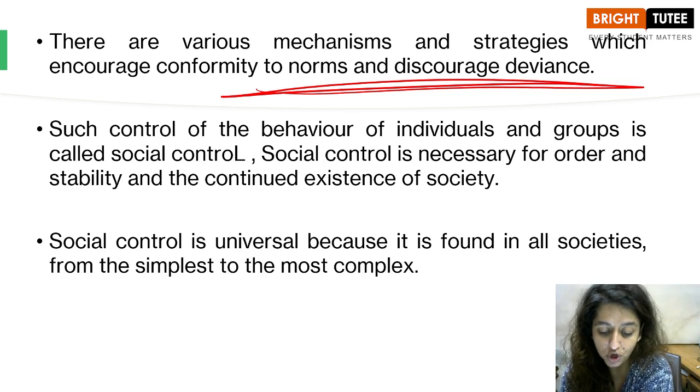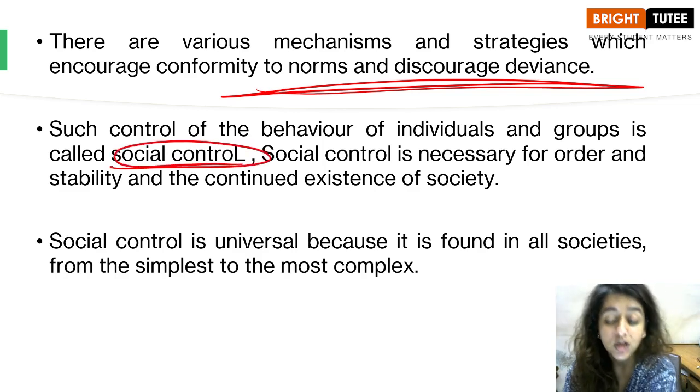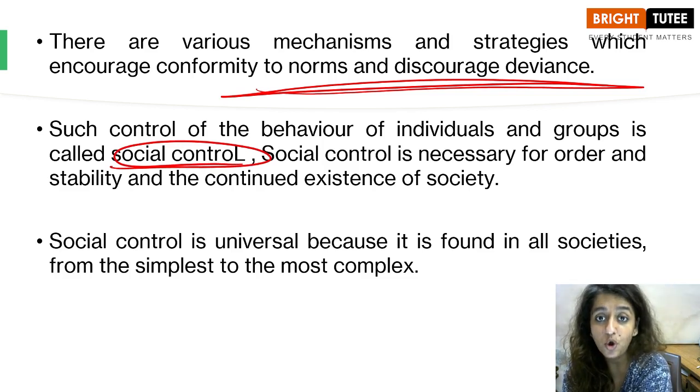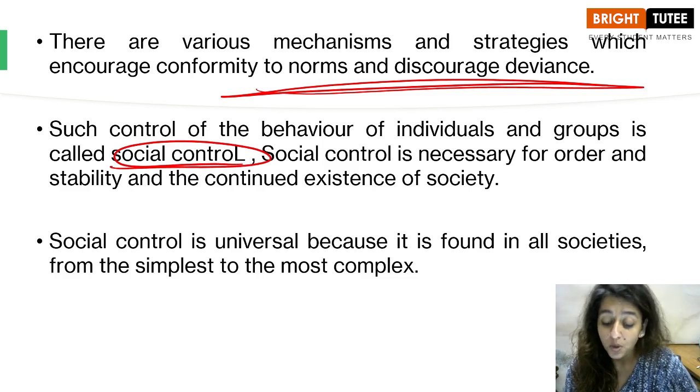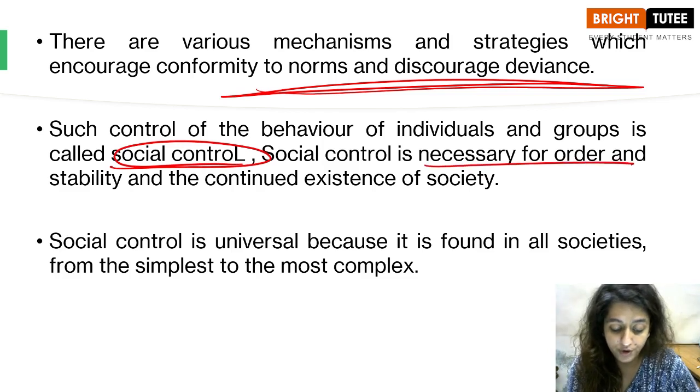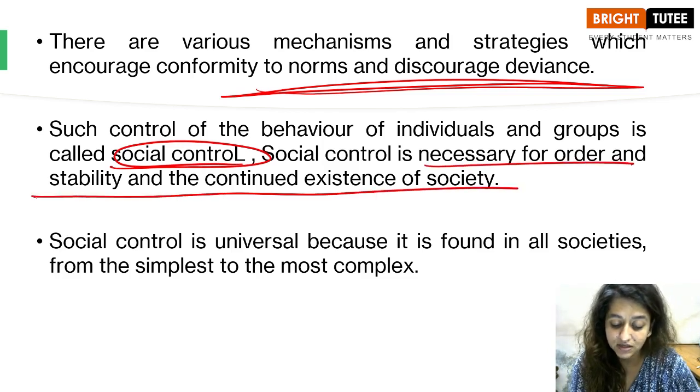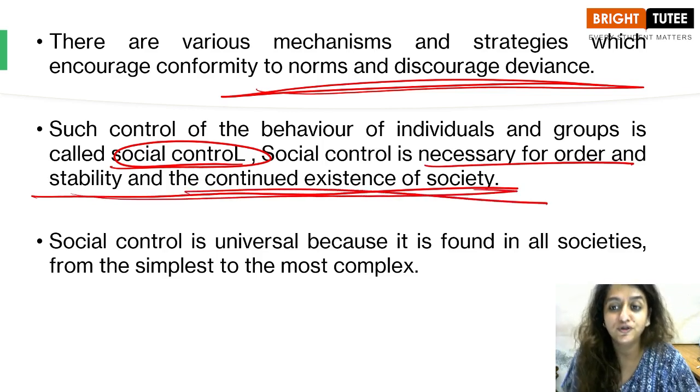Now such control of the behavior of individuals and groups is called social control, which is necessary for order and stability and the continued existence of the society.